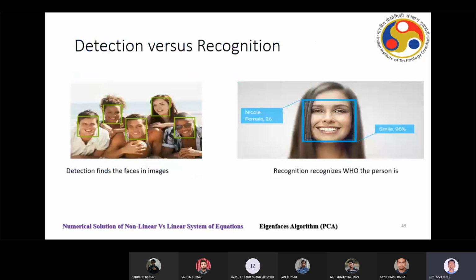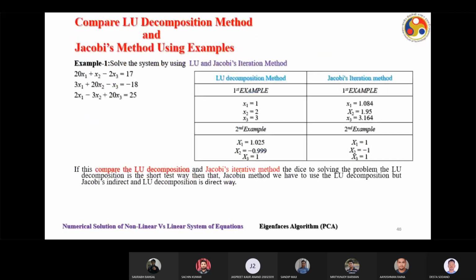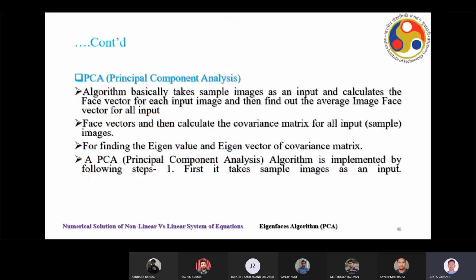Here we have basically text images, and we are expected to calculate the face vectors and calculate the covariance matrix for all input sample images, for finding the eigenvalues and eigenvectors of the covariance matrix.